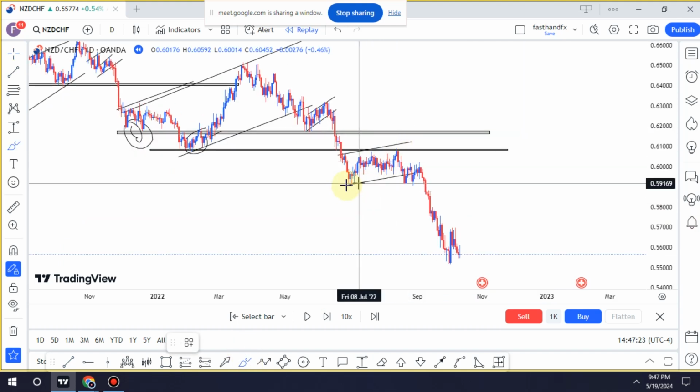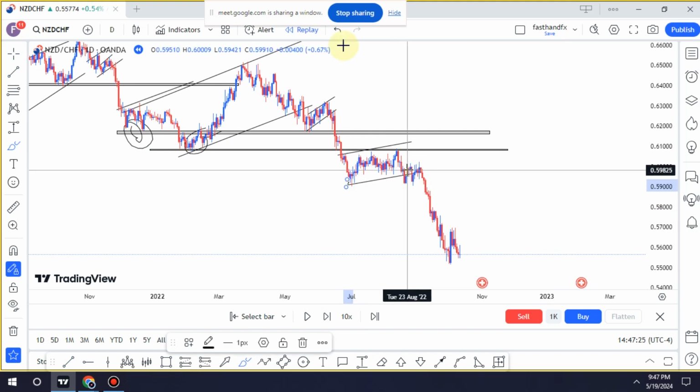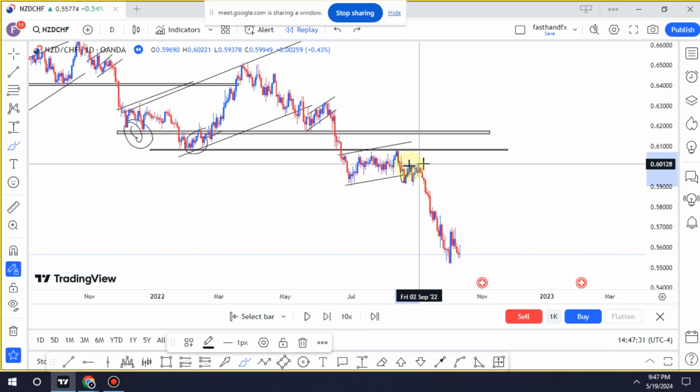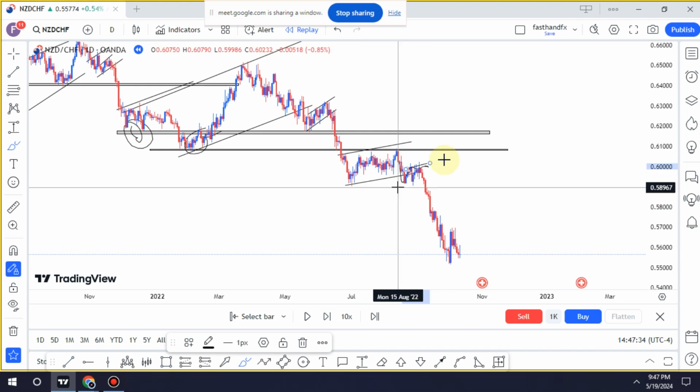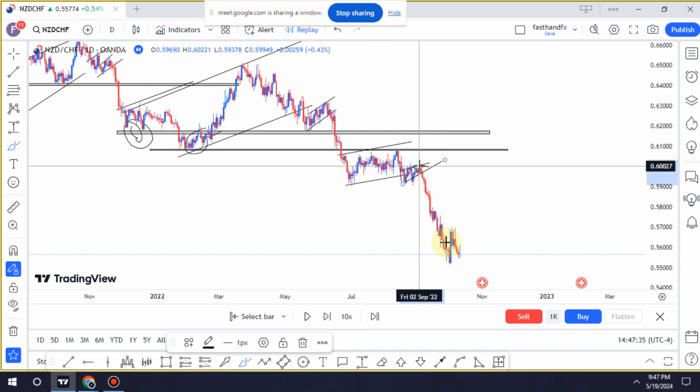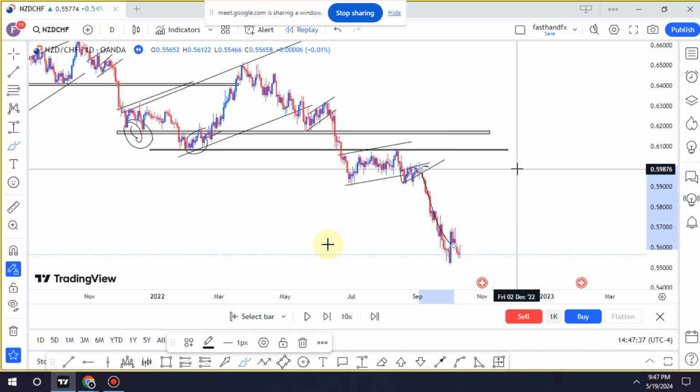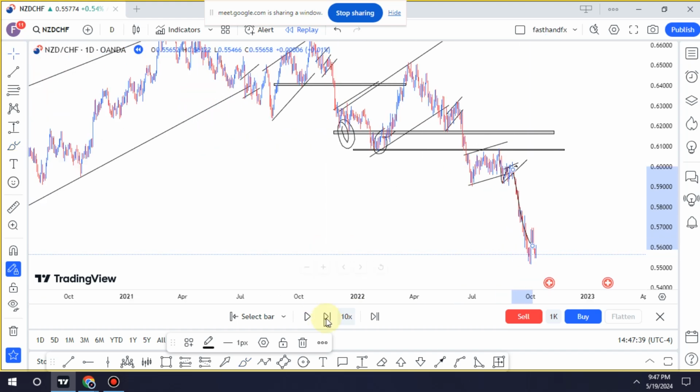The moment price approached our support trend line right here, it gave us this kind of a pattern. It then gave us a mini version of a continuation pattern. Those are the things that you should be looking out for. If it breaks, that's when you take your entry position. Until there, guys, any question?